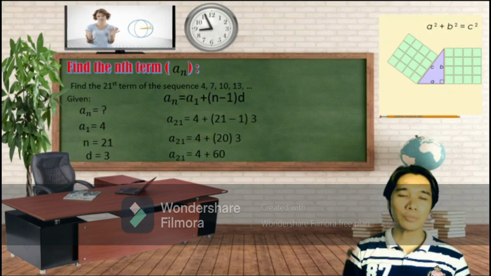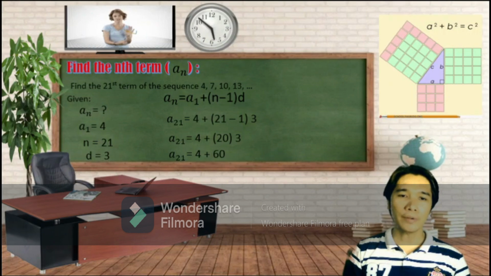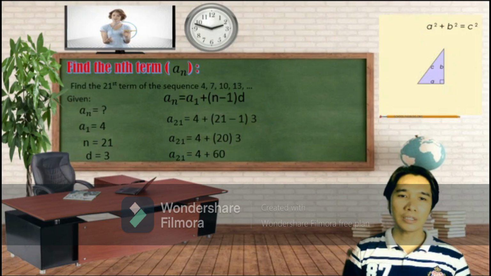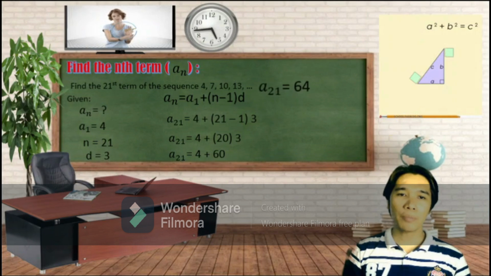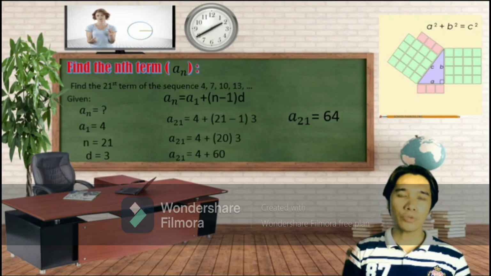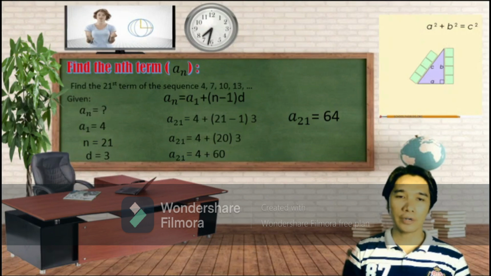So we have a sub 21 is equal to 4 plus 60. That is the product of 20 times 3. Now we can add 60 plus 4. So the value of our nth term, which is a sub 21, is equal to 64.